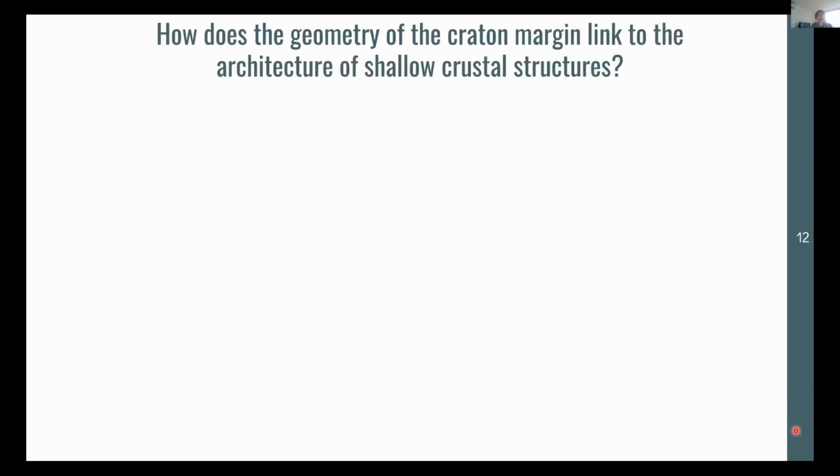After that, we wanted to know how they link to the upper crustal structure. For this part we mostly used potential field data and seismic reflection interpretation, and we also had the surface geology as a reference to correlate with.